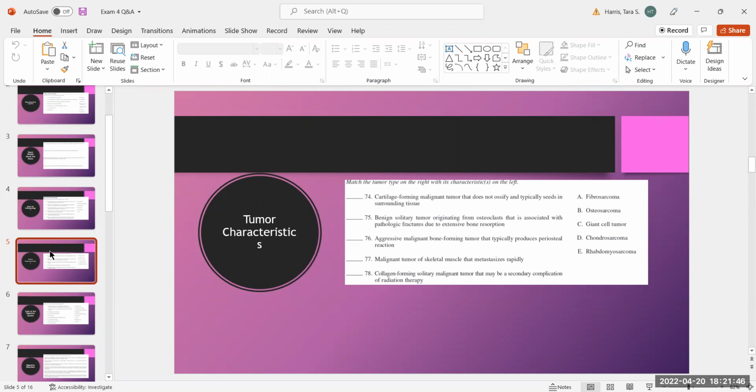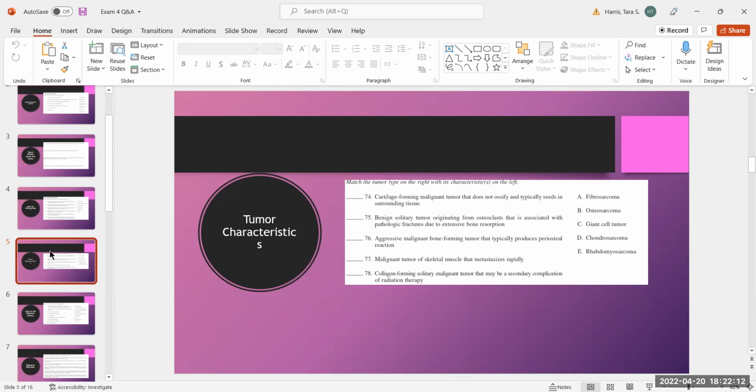Is that an osteosarcoma? No. Is it giant cell tumor? Yes, it's a giant cell tumor. What would be the difference between a giant cell tumor and an osteosarcoma? Or why wouldn't it be an osteosarcoma? It's because it's benign. That's true. The giant cell tumors are usually benign.